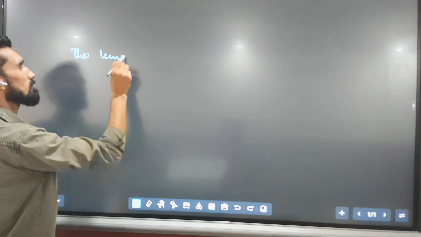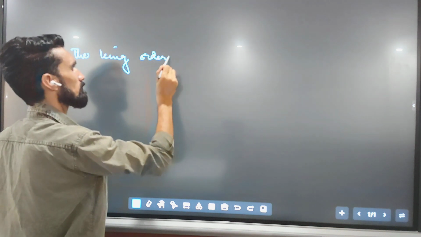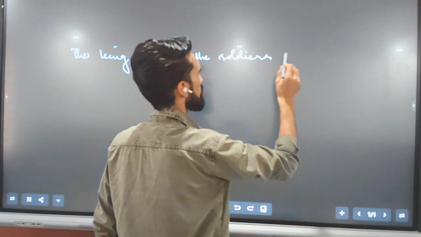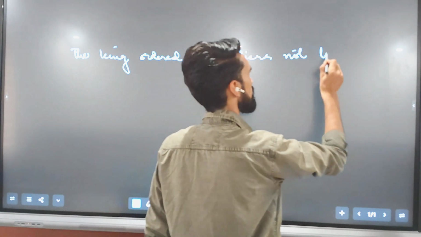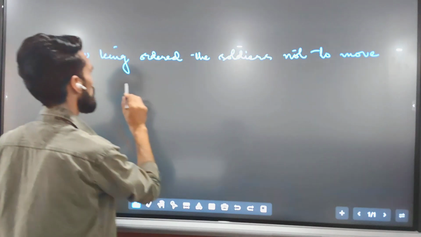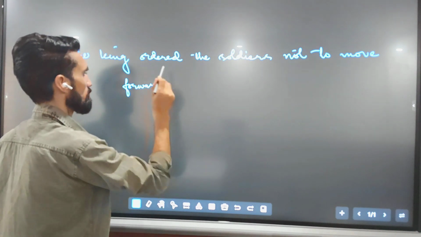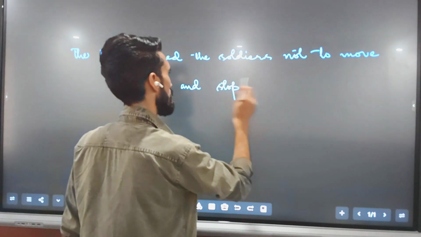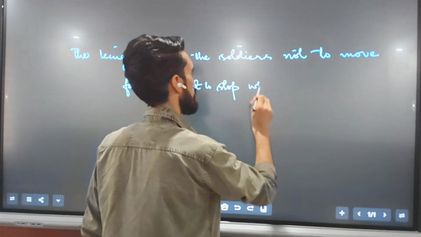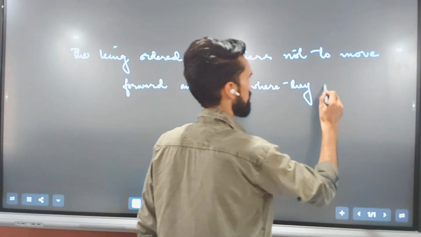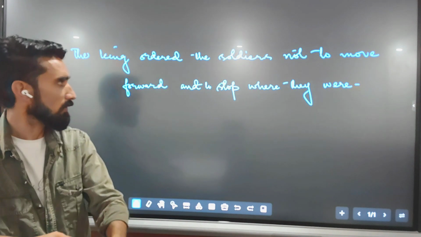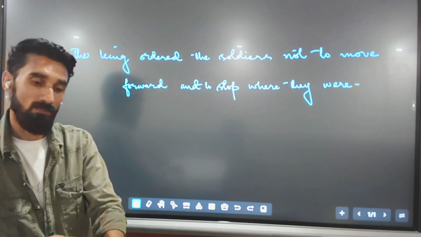And the sentence I mentioned here: the king ordered the soldiers not to move forward and to stop where they were.